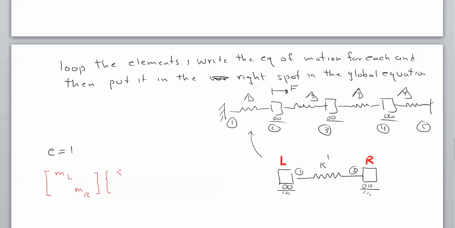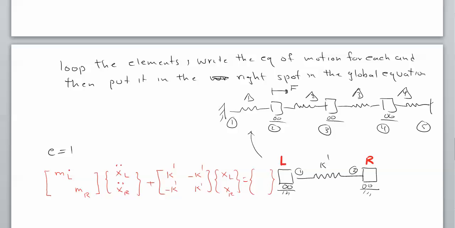There is XL, XR, these are accelerations, plus stiffness, K1, because we are dealing with element 1, K1, and this is negative K1, K1, times the displacement vector XL, XR, equal to the load vector.